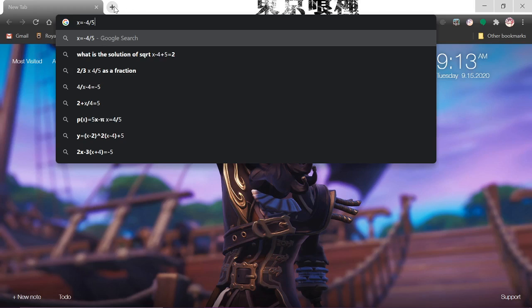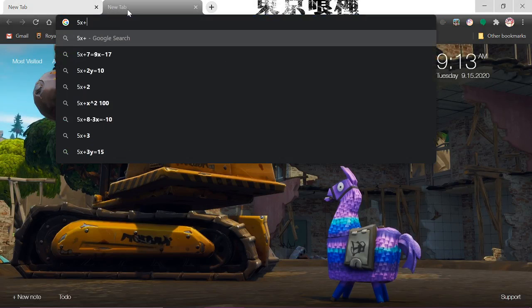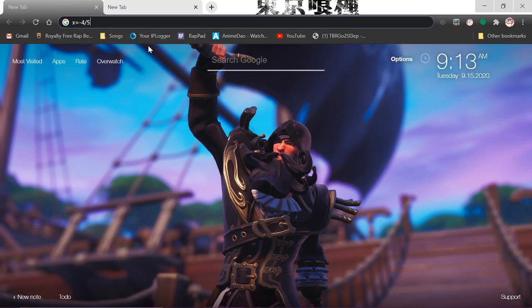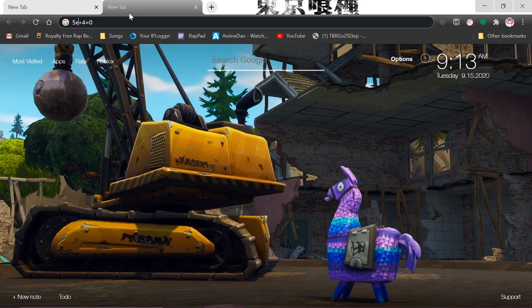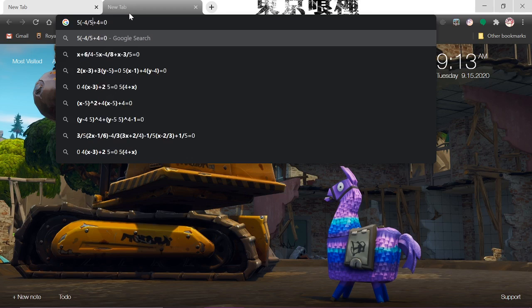And if you want to check it, all you have to do is you get the same equation, right? 5x plus 4 equals 0, and grab your answer, -4/5, and substitute it for x.